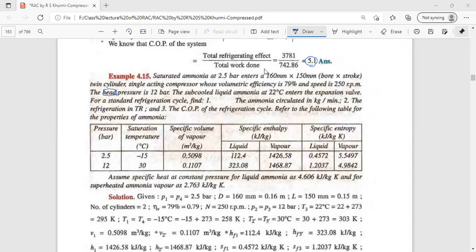Now, what is given? The subcooled liquid ammonia at 22 degrees centigrade entered the expansion valve.